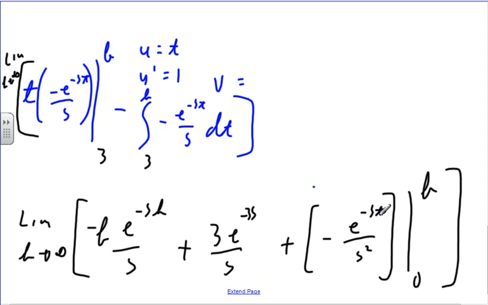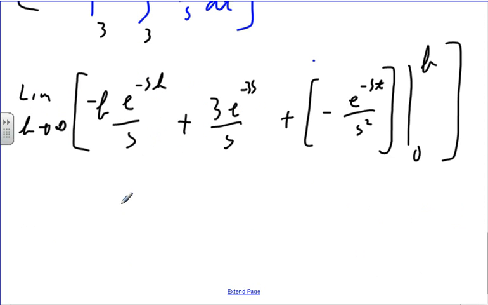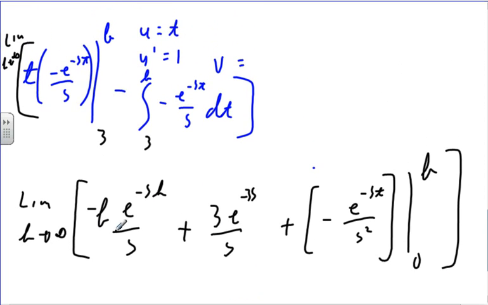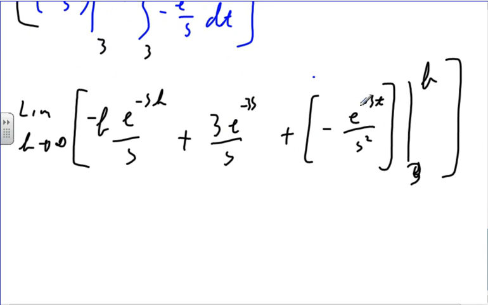Okay, when I put the b in and go to infinity, I get 0. When I put the 0 in, I get a 1, and the minus becomes a plus. But I'm not going to b, I'm going to 3. B goes to infinity, that's right. But this is a 3 down there, not a 0. All right, so when I put the b in, it goes away. But when I put the 3 in, I get a plus.